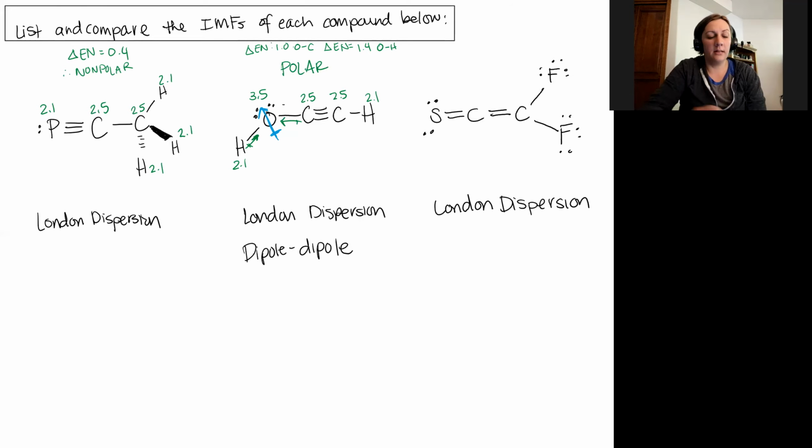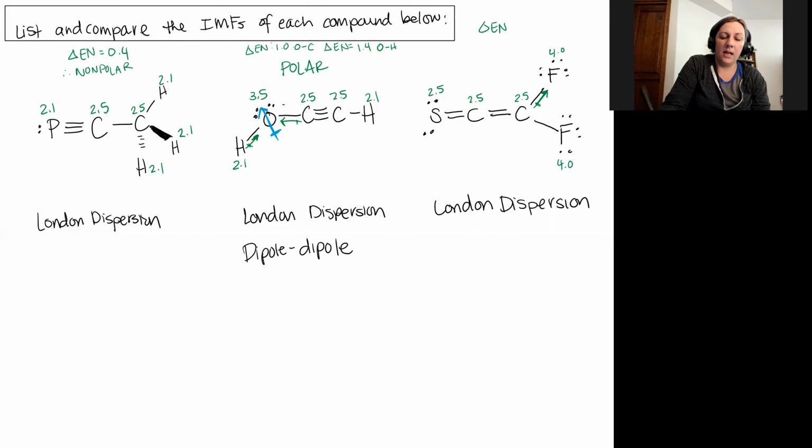All right, let's look at our last one. So I have sulfur, which has an electronegativity value of 2.5. Carbon is also 2.5, and fluorine is 4.0. So I have a difference that's larger than 0.5 between those carbon and fluorine bonds. That's 1.5.